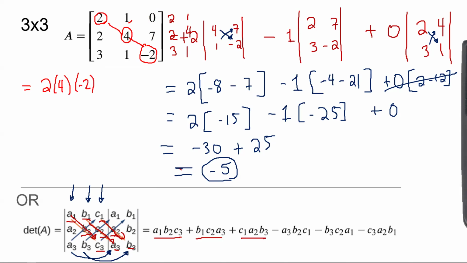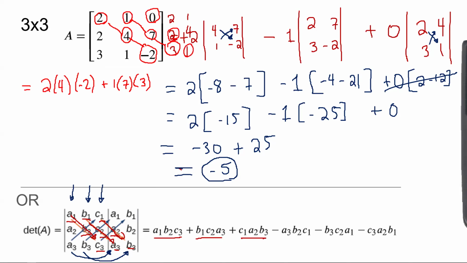And then I'd move over to the second row and I'd have 1 and 7 and 3. And because I'm going down here, we're adding that one. And then I'm going to take the 0 times the 2 times the 1.